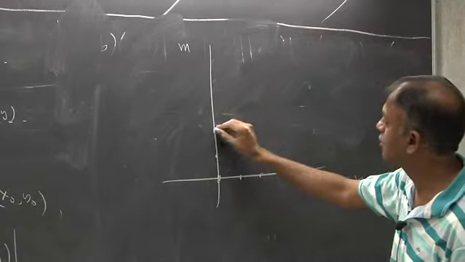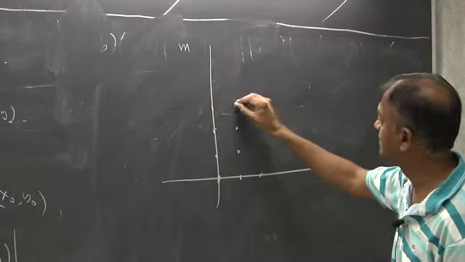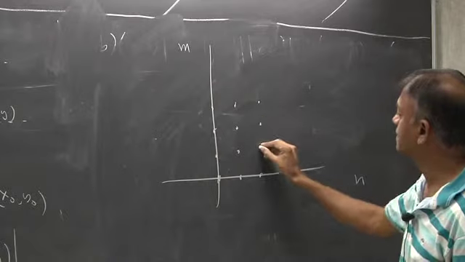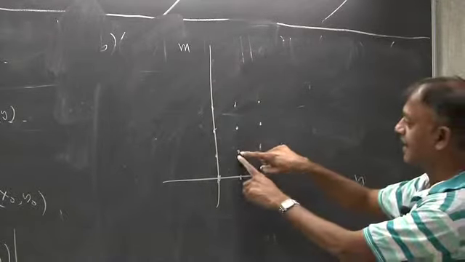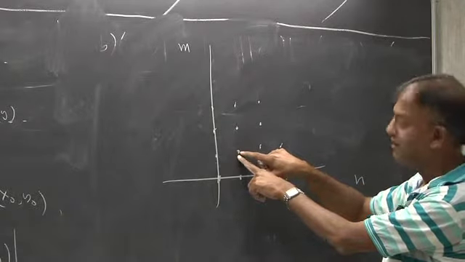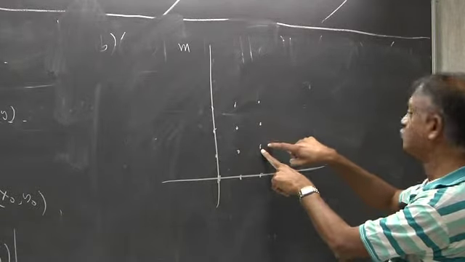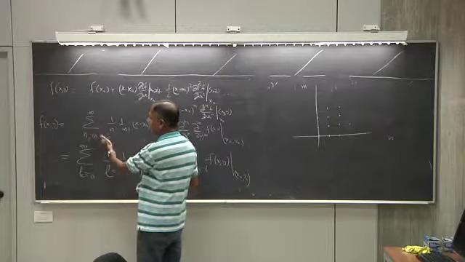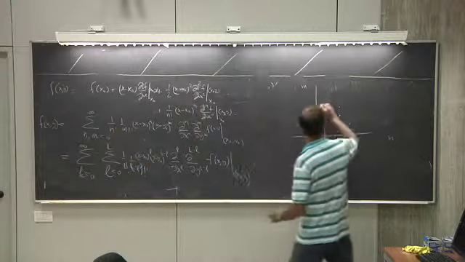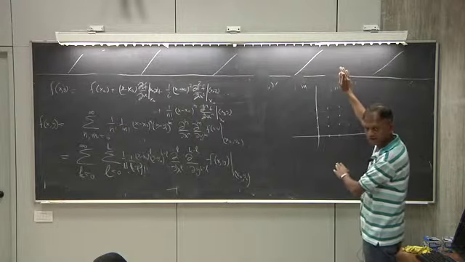So you're summing over lattice points, an infinite lattice, right? You're summing over all of these points. This point means n equal to m equal to 1. Okay? This point means n equal to 2 and m equal to 1, etc. Because this is a free sum, n and m going from 0 to infinity, you're summing over all of this infinite number of points here, right?